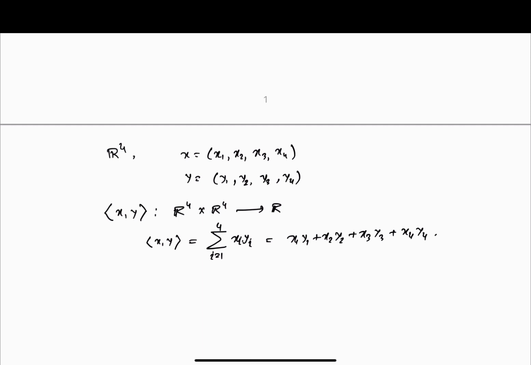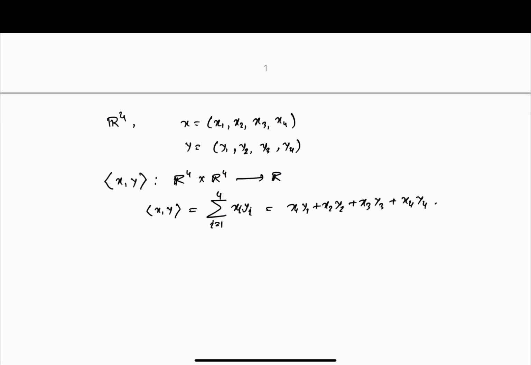It is symmetric and linear in both variables, and it is positive definite, meaning if a vector v is non-zero, then the inner product of v with v is strictly positive. You can check that all these properties are satisfied. So this is the standard inner product on R4.